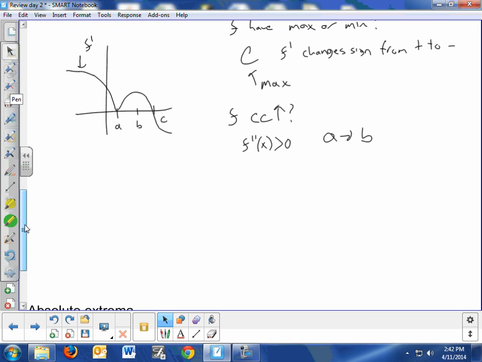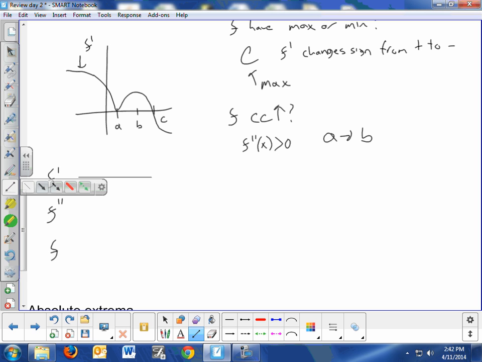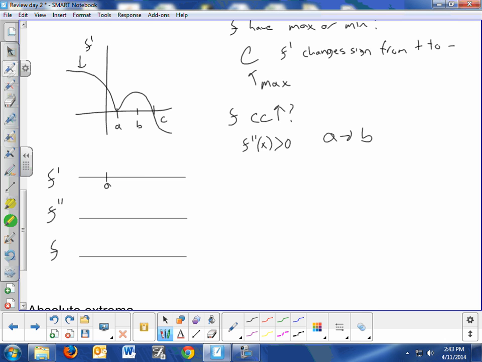What we also can do is put together the sign of f prime and the sign of f double prime to sketch f. Remember this from back in the day. So we'd focus our attention around A, B, and C.